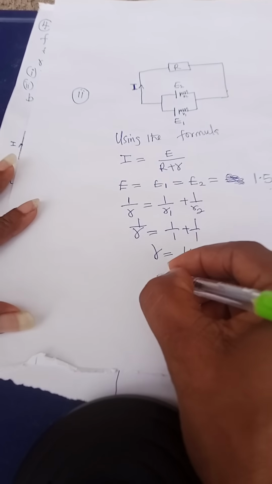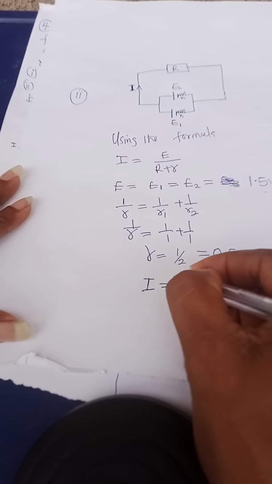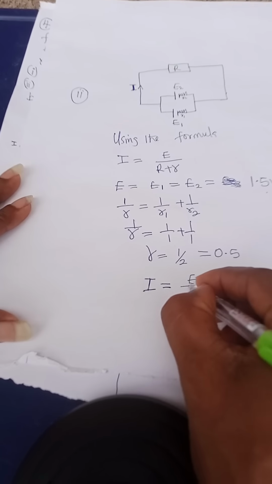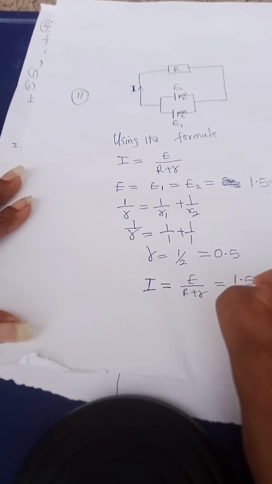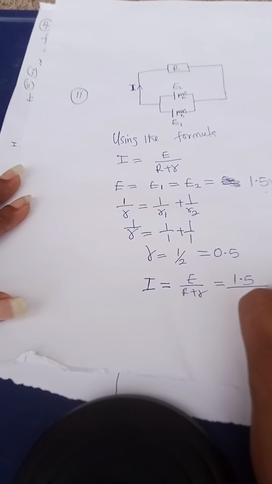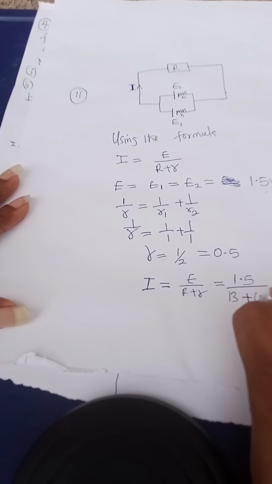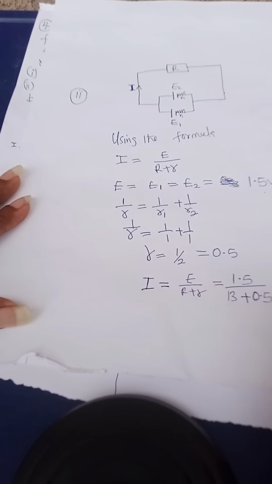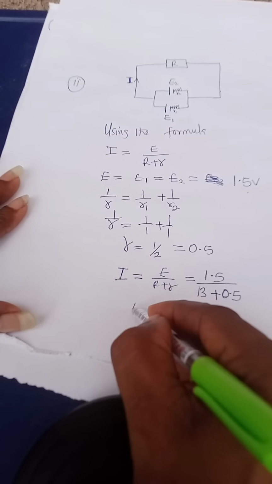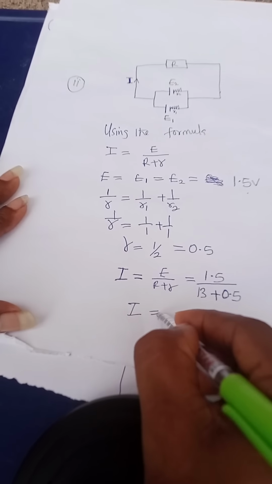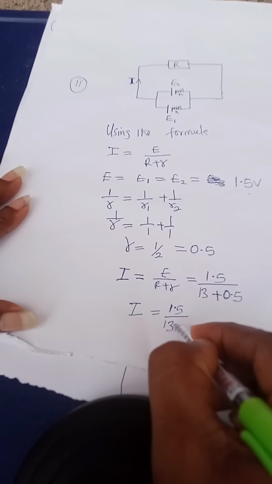Then I now apply the formula I to find the current delivered, which is equal to E all over R plus r, which will give me 1.5 divided by 13 plus 0.5 plus 0.5, which will tell me that my I is now equal to 1.5 divided by 13.5.